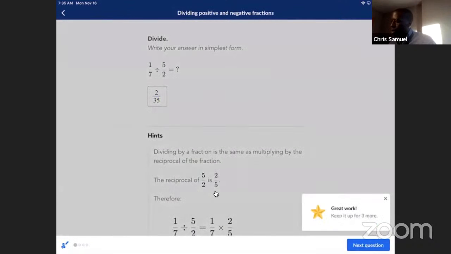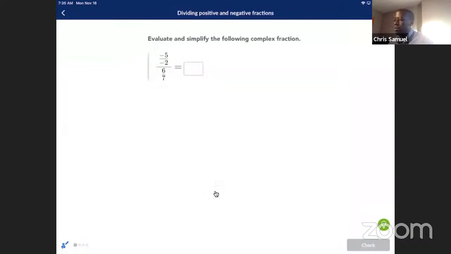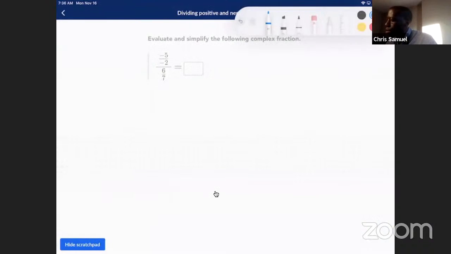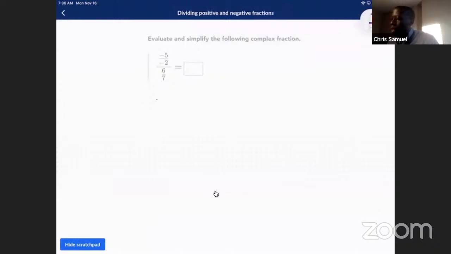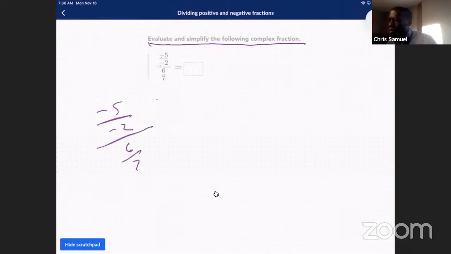Okay, now we move on to the next one. The next one says evaluate and simplify the following complex fraction. It's negative 5 over 2 over 6 over 7.